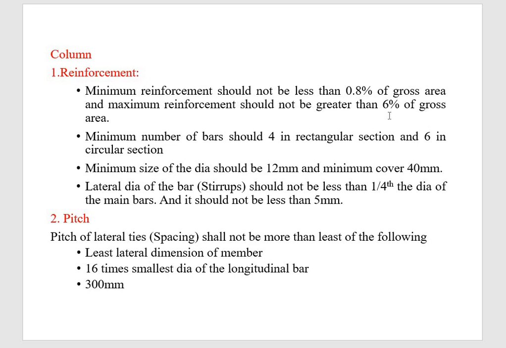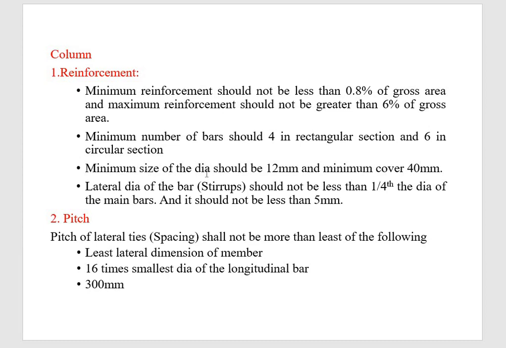For a column of rectangular section, 4 is the minimum number of bars. For a circular column, it should be 6 bars used in a circular section.